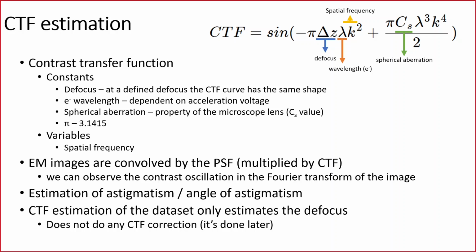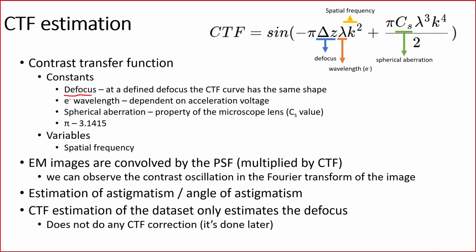Well, mathematically easy. The implementation is a little bit harder for the software, but still this is considered one of the easier steps. We know that the contrast transfer function is a function of spatial frequency. So the only variable for the contrast transfer function is k, the spatial frequency, and we have several constants.